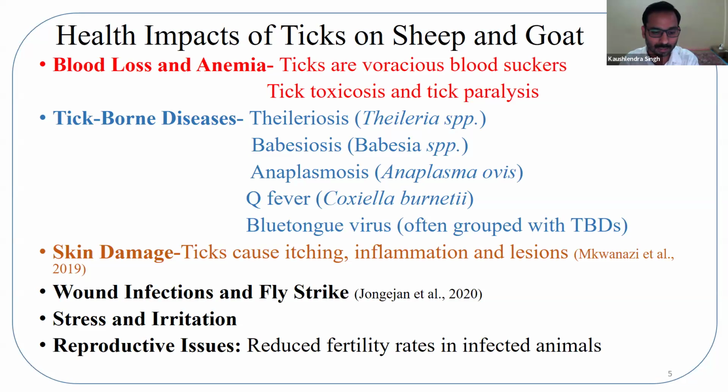Though viral diseases are less common in small ruminants in India, vigilance is necessary due to the potential mechanical transmission by ticks. They also damage the skin and cause irritation, inflammation, and lesions, and also cause stress. For reproductive issues, they reduce the fertility rate in infested animals.